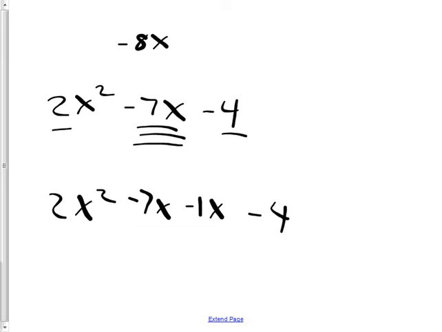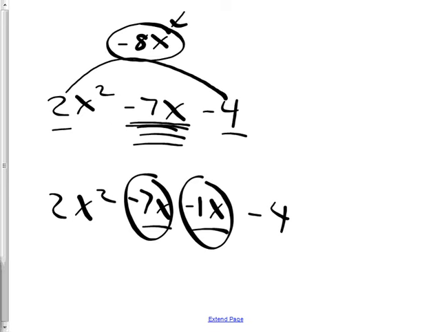I have to somehow make it the same. Pause for a second. Okay, so we figured it out. If that's a -8x and that's a +1x, then the total will be -7x and it would multiply to -8x. Okay, good. So this is just a different way of factoring.